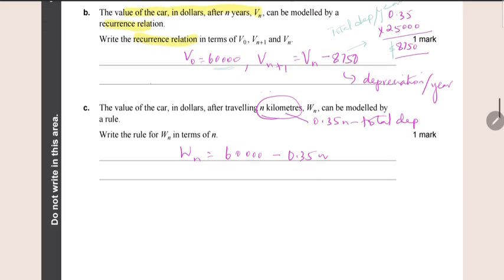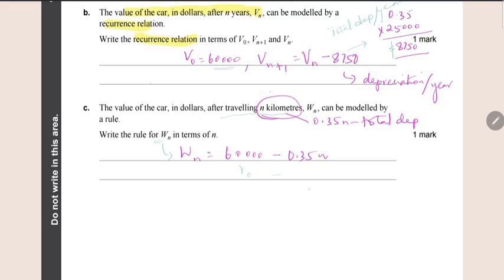The value of the car after traveling n kilometers, Wn, can be modeled by a rule. So this is a value after n years. Please be careful. If they say write it in terms of Wn, you have to write it in terms of Wn. It is V0, its initial value, minus the depreciation per kilometer traveled, because it says after traveling n kilometers.